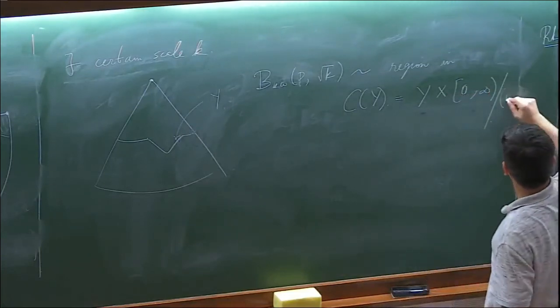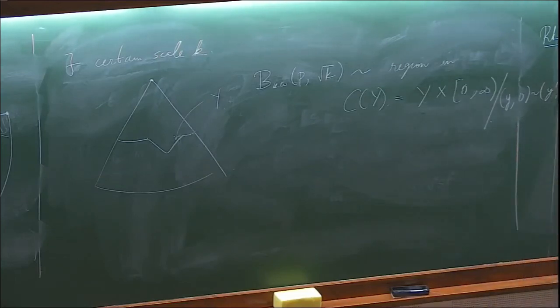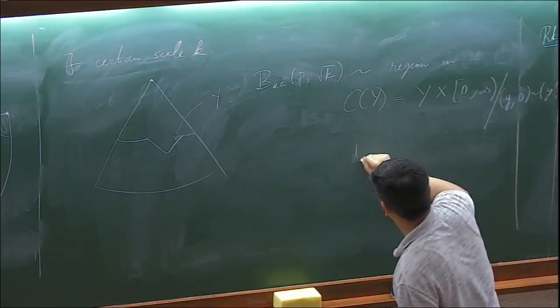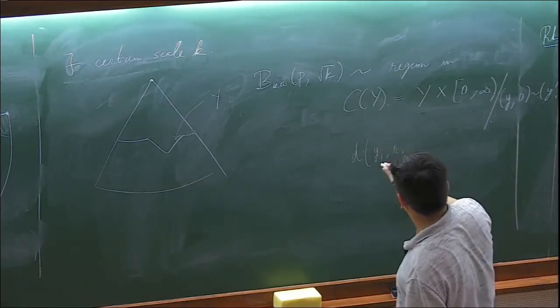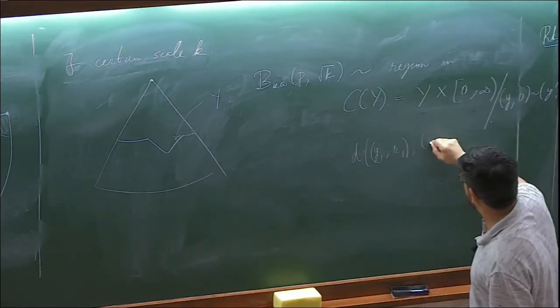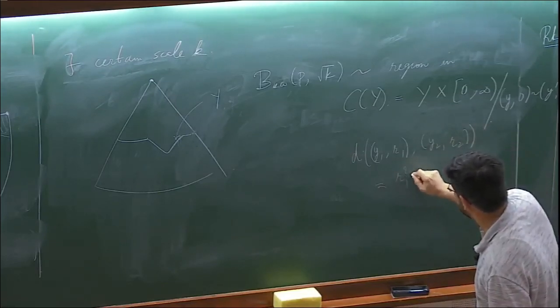So you have an equivalence relation, and this is a canonical metric depending on the metric on Y. The metric is defined via the cosine rule.